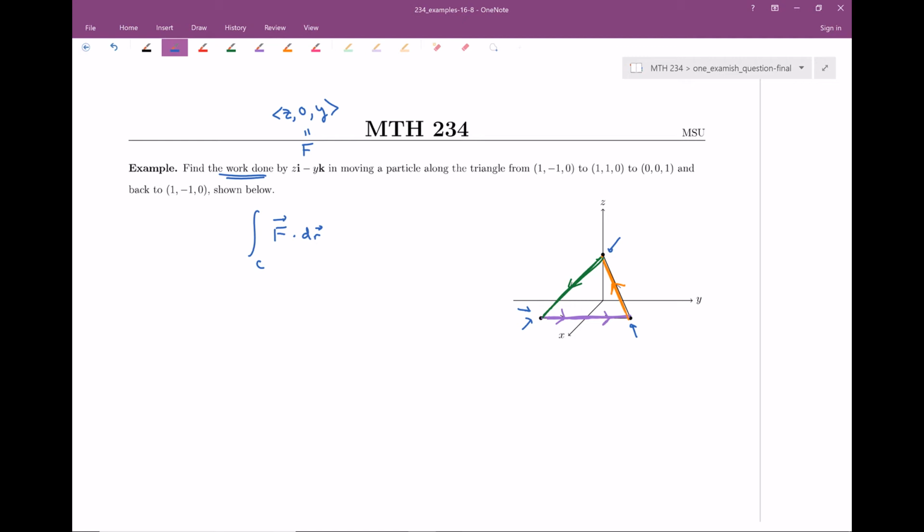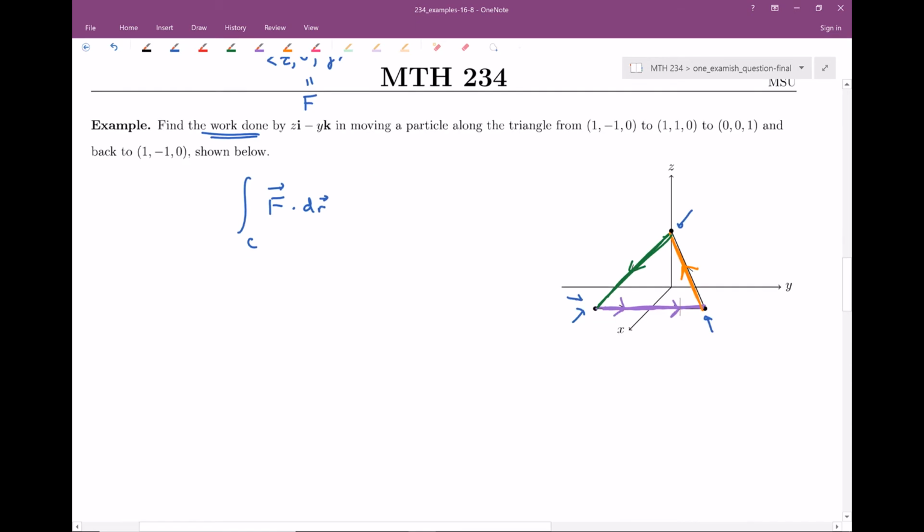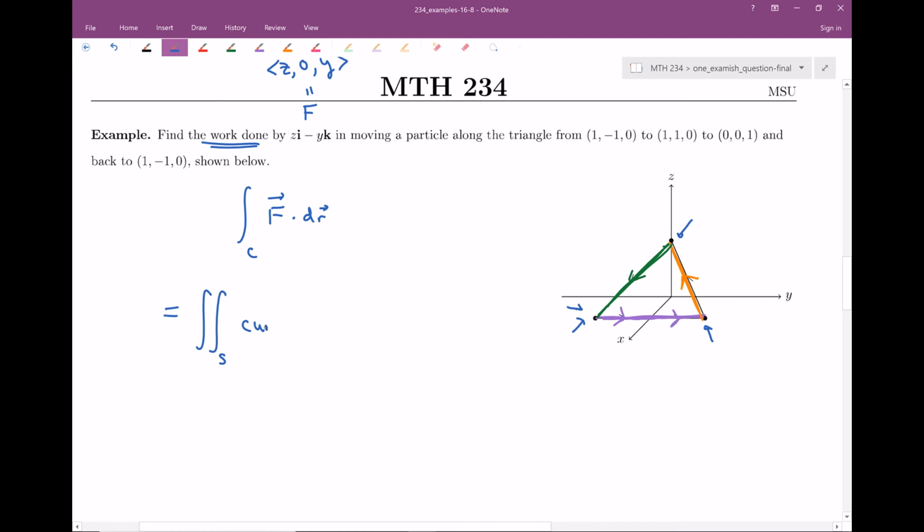The claim is there's a better way thanks to Stokes Theorem. Stokes Theorem says if you have a line integral, you can trade it in for a surface integral over the surface. The only condition really is that C needs to be a boundary curve. But instead of just F, you're going to have the curl of F, so it's the curl of F dot dS.